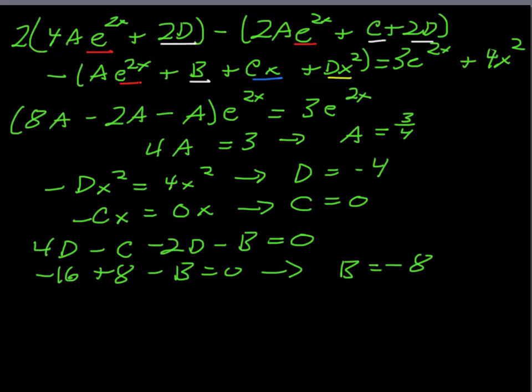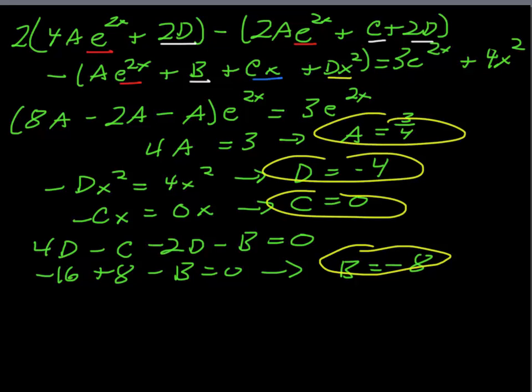Okay, and there we got it. So we have our C, our D, and our A. So now we just have to put this back into our original equation, which I don't have here anymore. So y is equal to C1 e to the negative 1/2 x plus C2 e to the x, I do believe, was the complementary function. Now let's put these in.